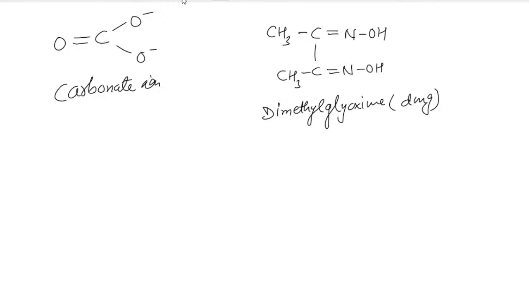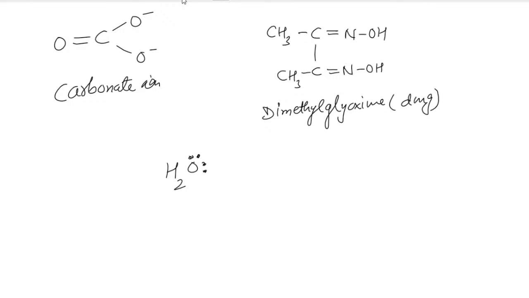Say in water there are two lone pairs, but it cannot donate both. Even if two lone pairs are present on the same atom, it will never donate both at the same time.